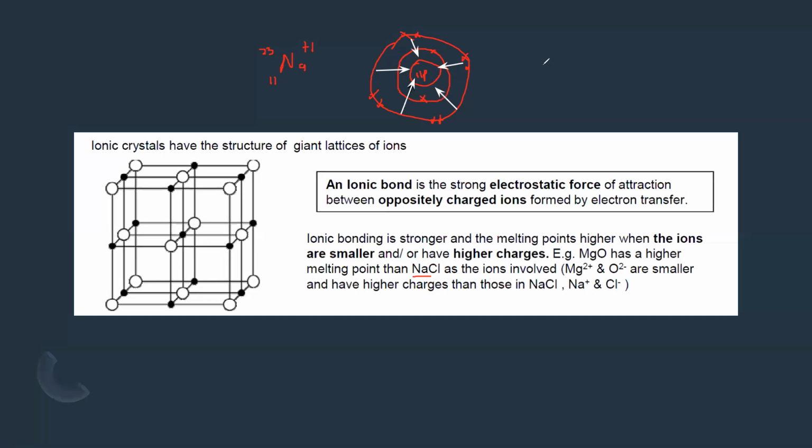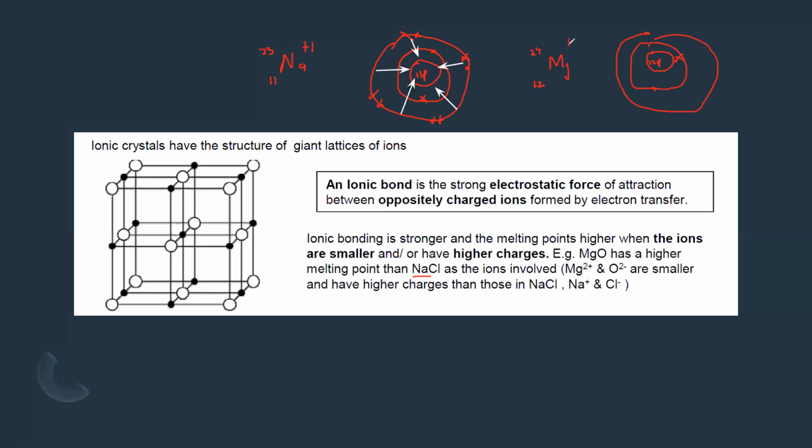But when you take magnesium, magnesium is 12 and 24. So it contains 12 protons. The first shell will have 2 electrons, the second shell 8, and the third shell 2.